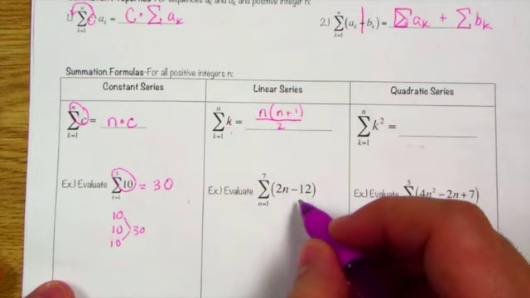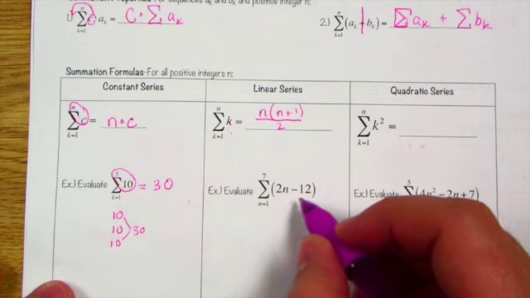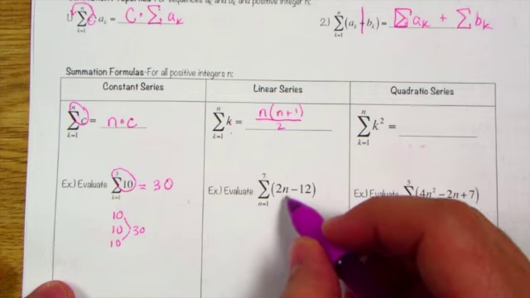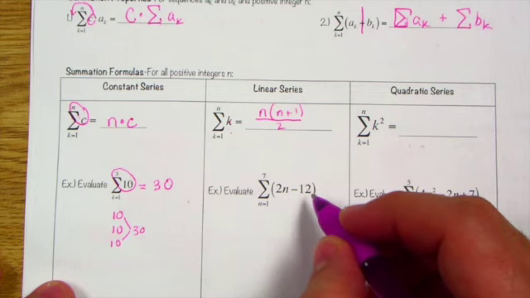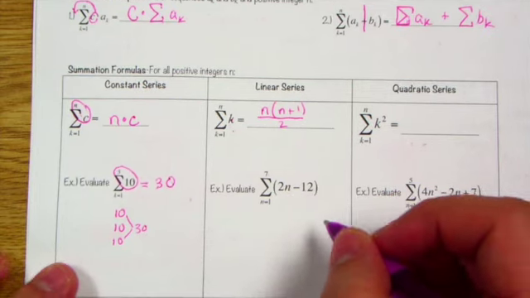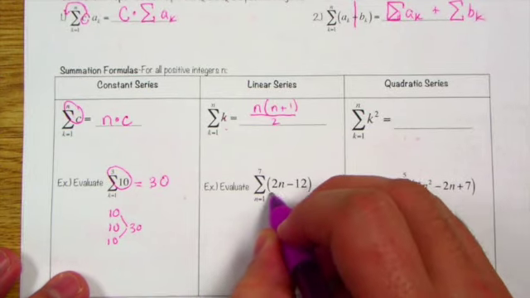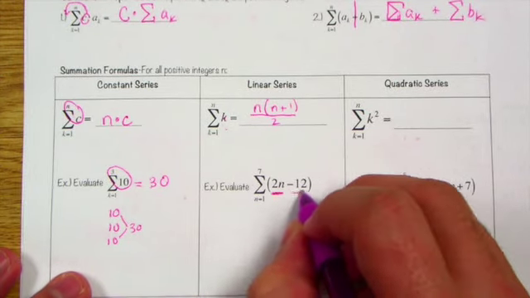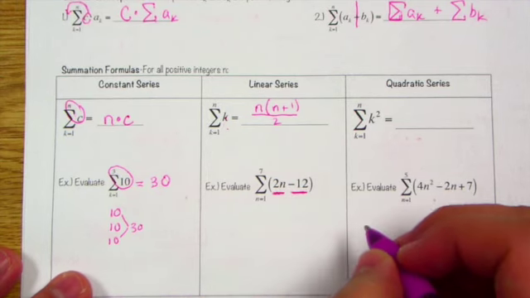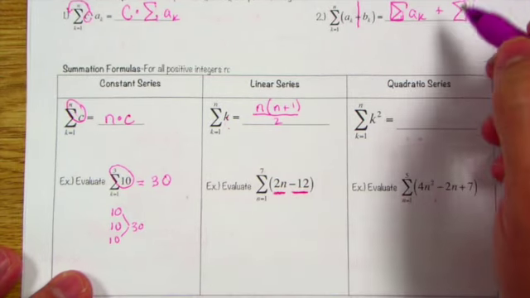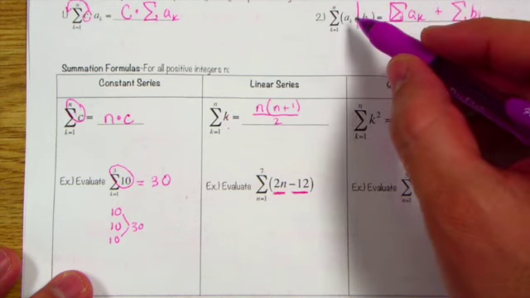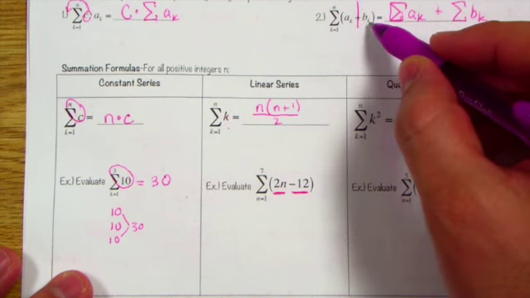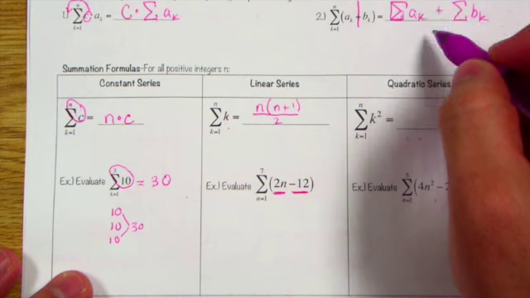Now this is an example of a linear summation here, where I have something plus something. What we are trying to teach you to recognize is that you have a linear portion of this and you have a constant portion of this. We can apply the property up here that states that if I have two terms inside here, I can split them up.